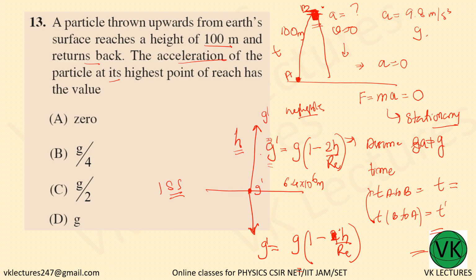Now in this question, if you put the height h equal to 100 meter, this is just 10 to the power 2, compared to Re this value is very small, so our g dash will be almost equal to g. But this question is entirely different. This is not asking what the gravity will be at that point. So the option is D.